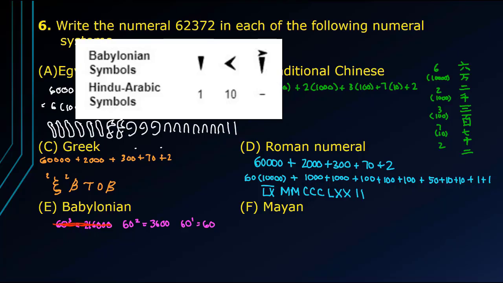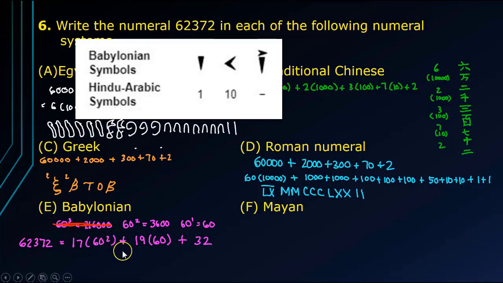So, as I try to break this down, I've got to figure out what numbers get divided into 62,372, and then the remainder of that, and the remainder of that, in order to break this down into its rightful parts. When I do 62,372 divided by 3,600, I figure out that I have 17 60 squares, and then a leftover number.